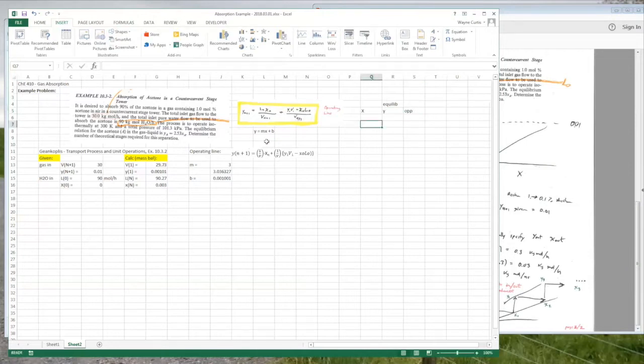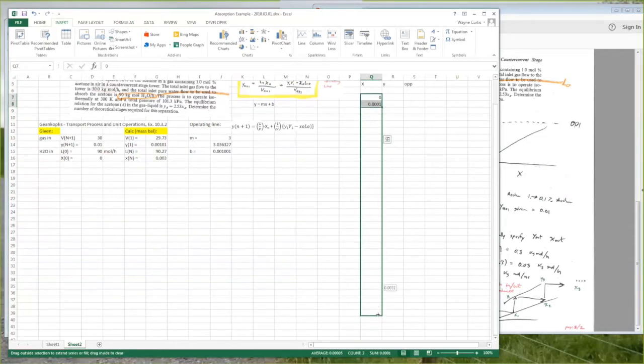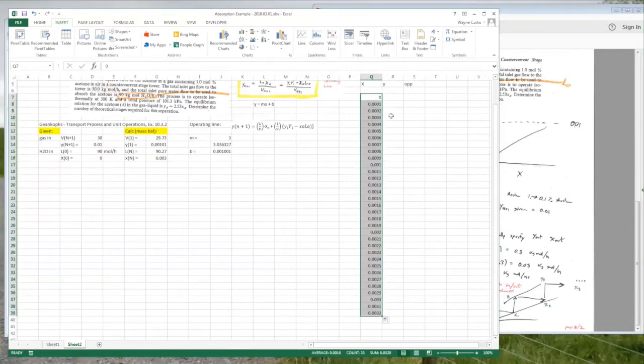We know our X values are going to go from 0 to 0.003, so we'll just simply take that from 0.001 and we'll take it on down to 0.003, a little bit more than that. Okay, so those will be our X values.